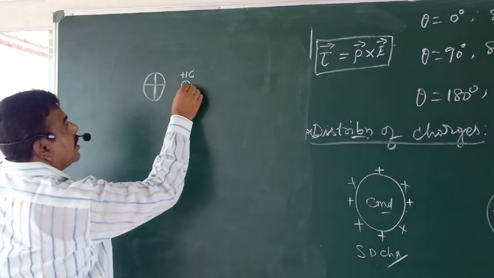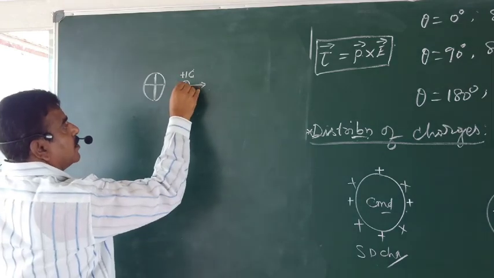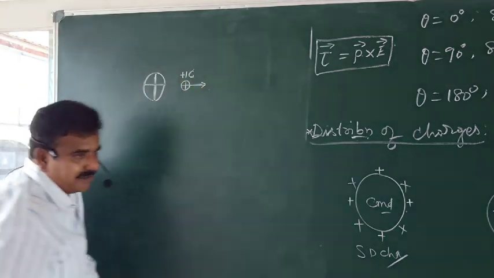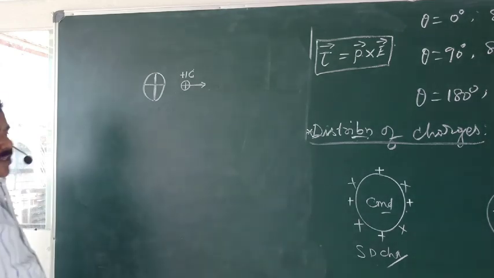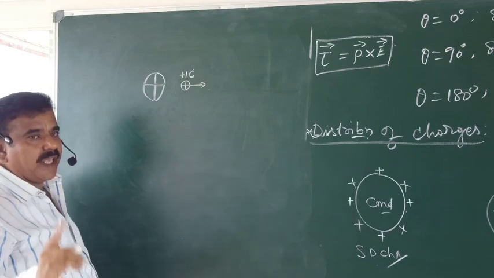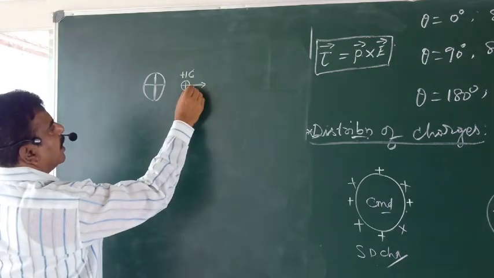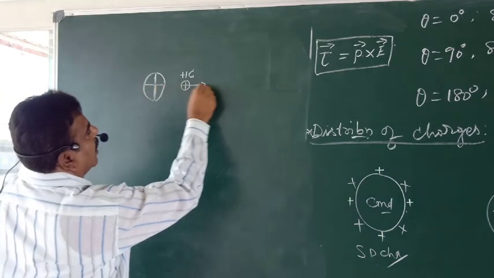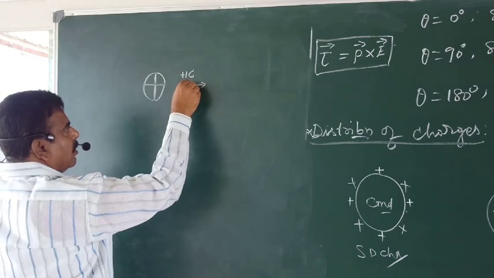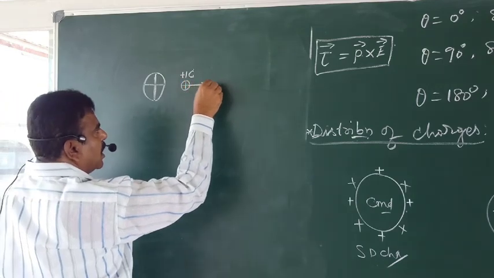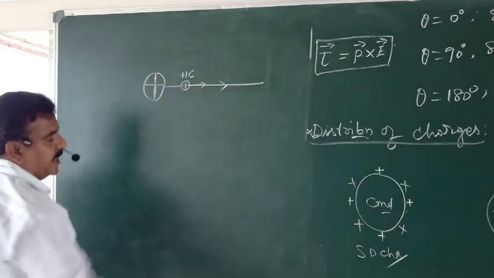Because of the repulsive force, this charge will start to move in this direction. The imaginary direction along which a free unit positive charge moves in an electric field is called an electric field line. The representation of the movement of this charge in an electric field is the electric field line.